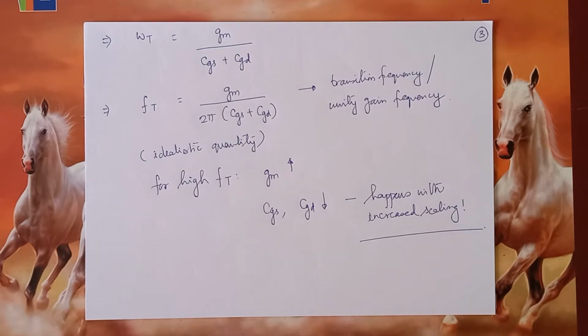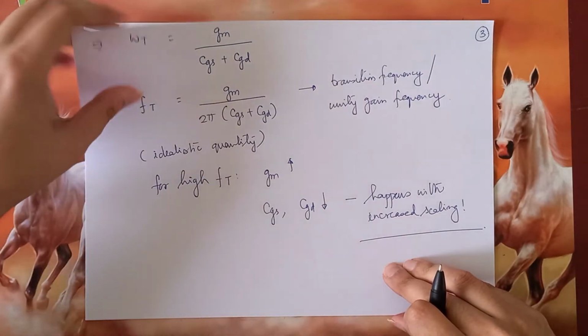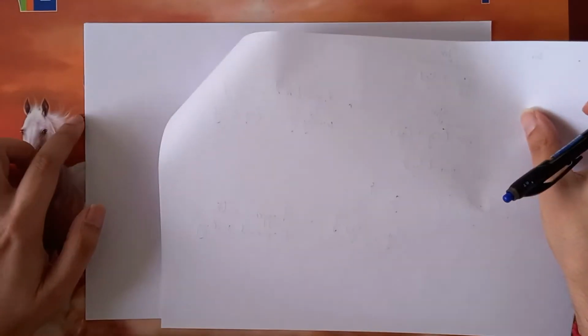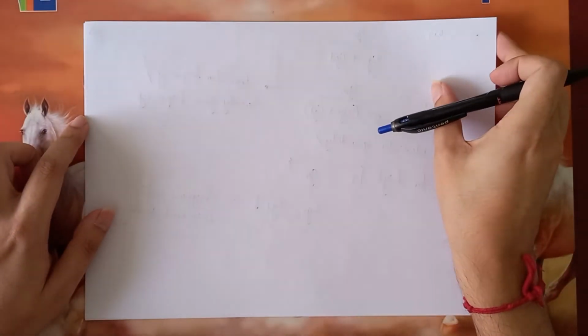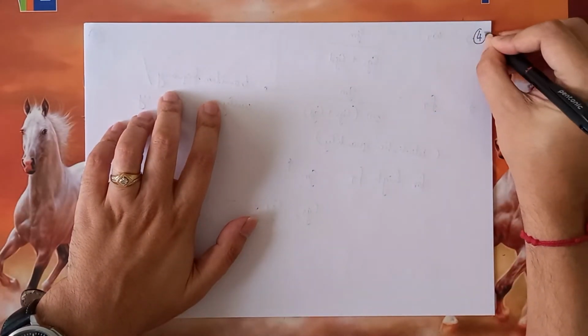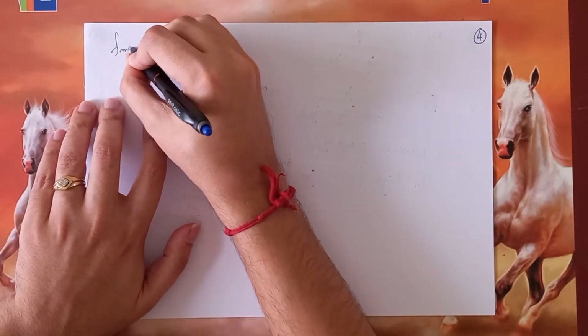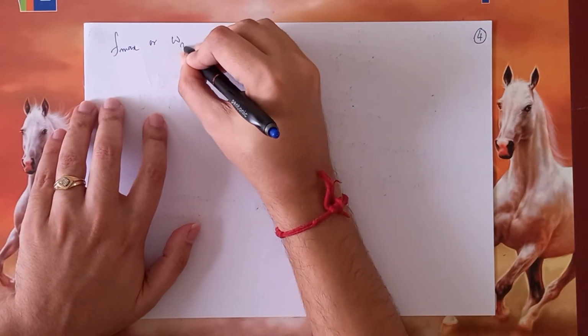Now, having defined what is Ft or omega t, there is one more quantity we defined that is a little more realistic. We said that Ft is somewhat of an idealistic quantity. So the more realistic quantity that we define is something called F max or omega max.